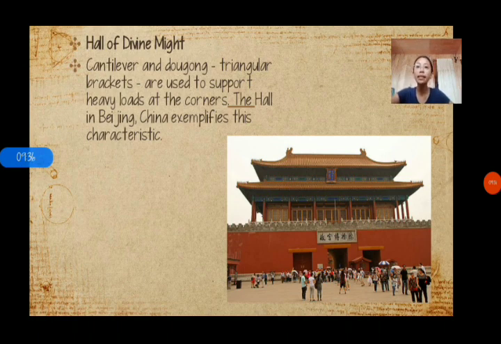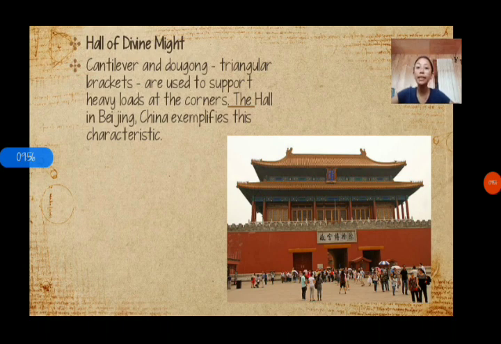So the Chinese engineered the cantilever bracket system to provide buildings with sweeping roof overhangs that commonly turn upwards at the corners. Right, the overhang at the side of the roof is upward at both corners.